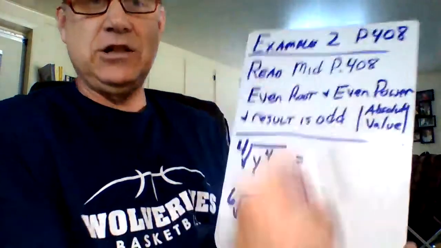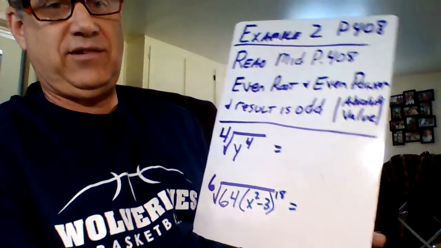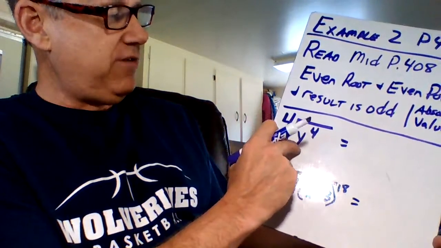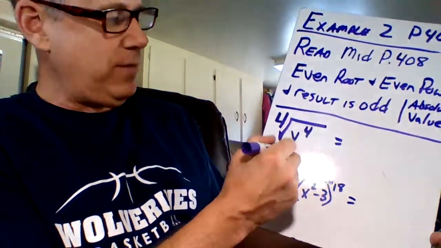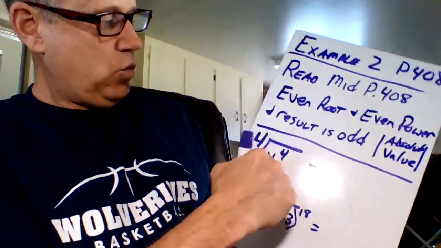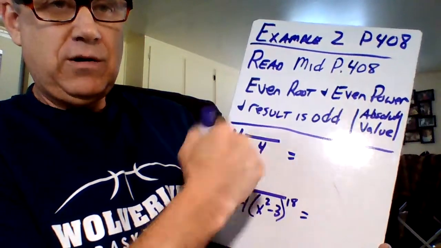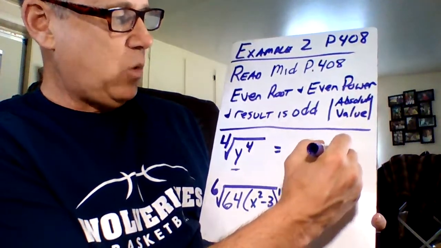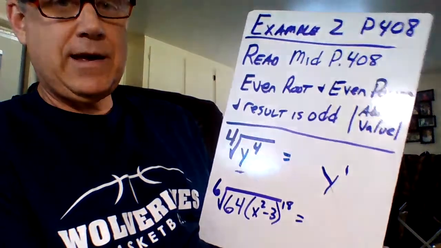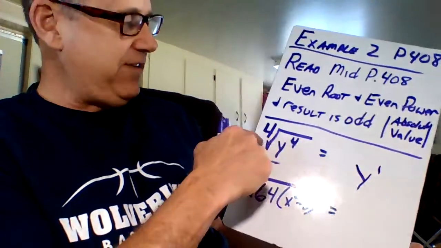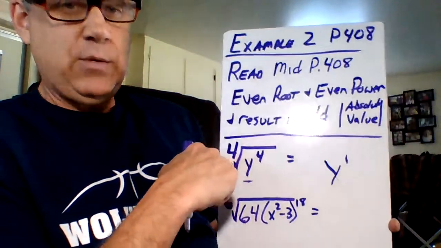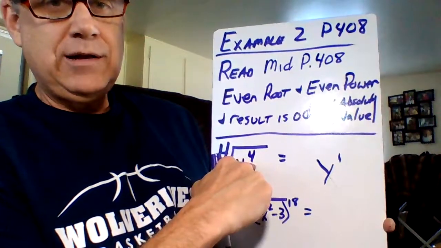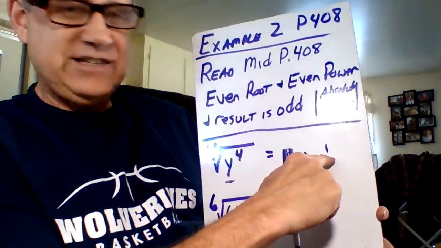Okay? So let's take a look at how we apply this. 4th root of y to the 4th. We only have one base. What's 4 divided by 4? Well, it's just y to the 1st power. Now, we have an even root and an even power, and our result is odd.